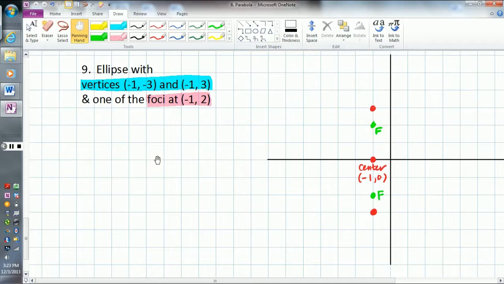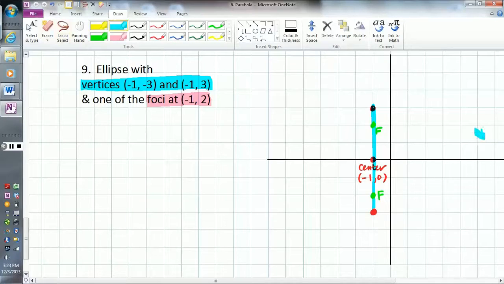What I do know is the vertices and the foci all are going to lie on the major axis. And that is important.